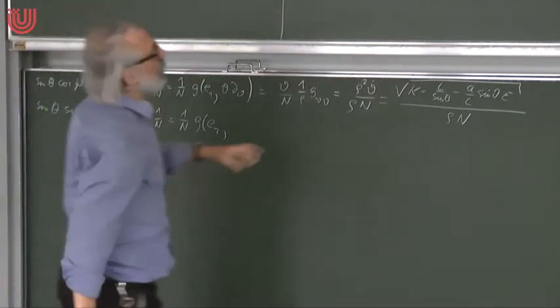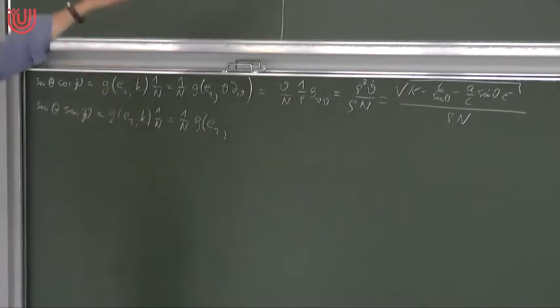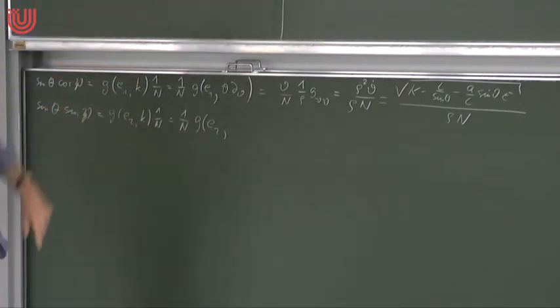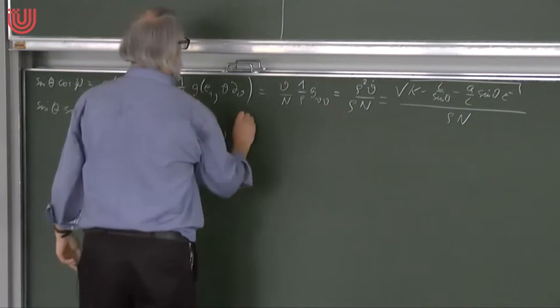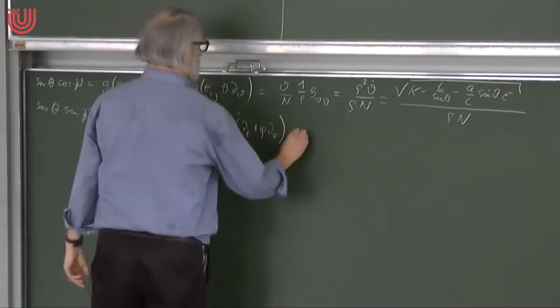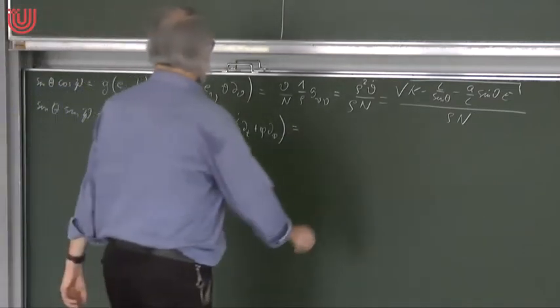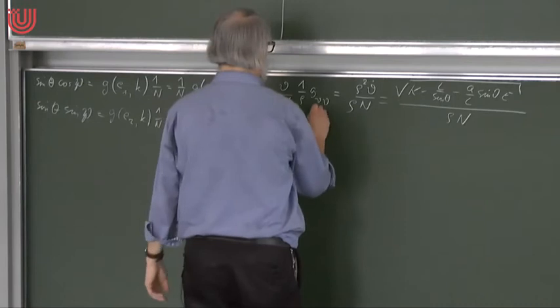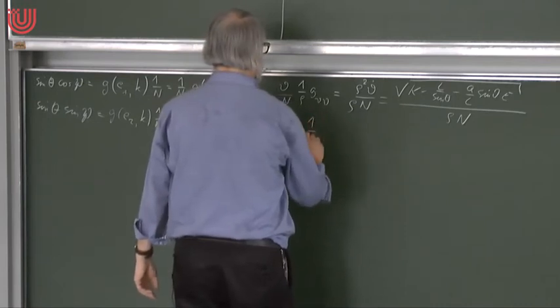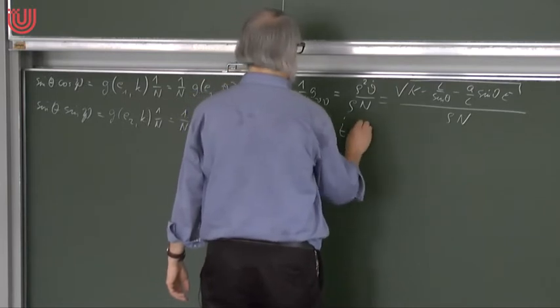E2 has a phi and a t coordinate, so I need only the t and phi coordinates from the K. So this gives me t dot dt plus phi dot d phi. Okay, this expression becomes a little bit longer. So let me write 1 over n in front of everything. Then I have t dot, and then let me see what I get.